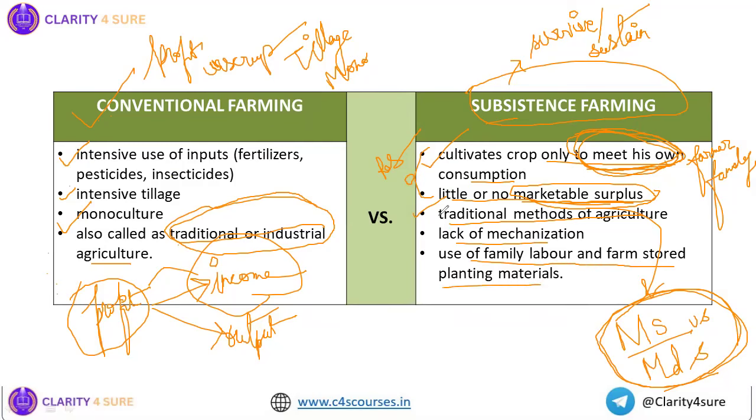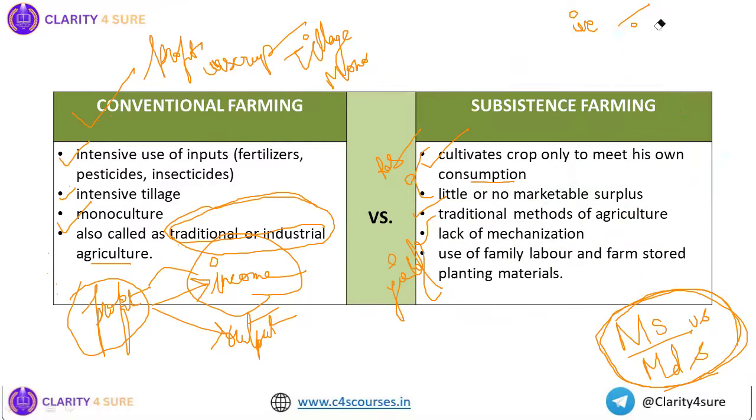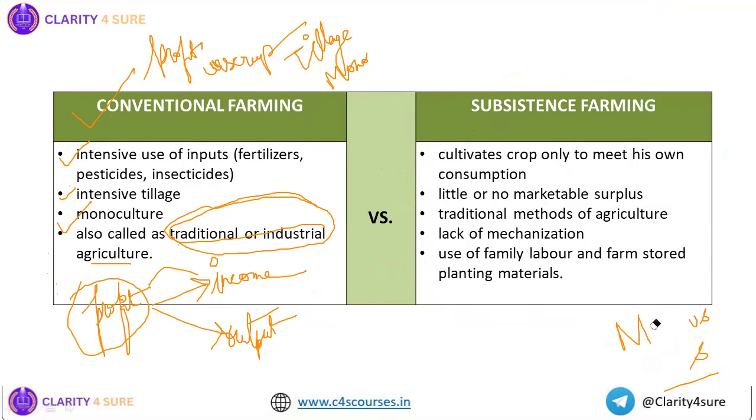These are the reasons why the yield of subsistence farming is less: the farmer uses farm stored planting materials, family labor, there is a lack of mechanization, and they use traditional methods of agriculture.